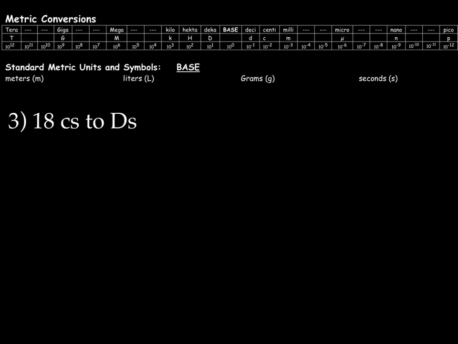Okay, last one. This time we're going to go from 18 centiseconds to decaseconds. So let's find those on the unit conversion table. C is centi, and D, well, there's two D's, right? This one's a capital D, so it must be deca. All right, so let's see how many places we need to move from centi to deca. 1, 2, 3. 3 times, and what direction?